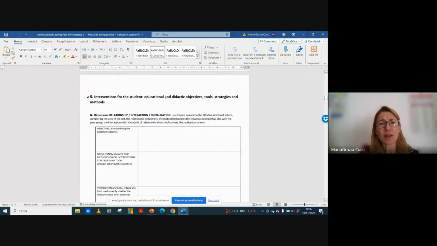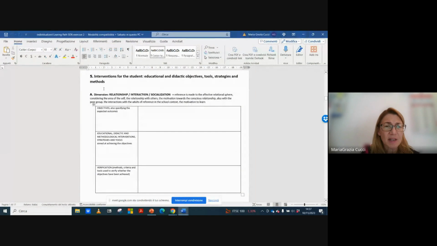Then we can define the objectives that we want to achieve, the tools that we want to use to achieve the goals, and the strategies and methods that we would like to use in order to define a real path and to have the opportunity to check this path in the midterm and in the long term.